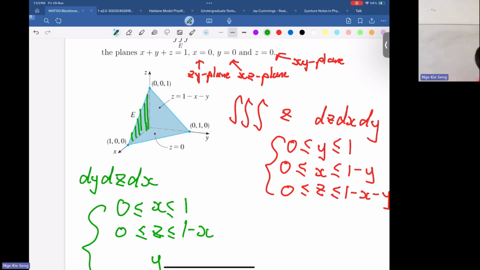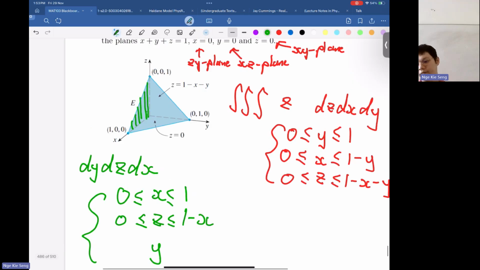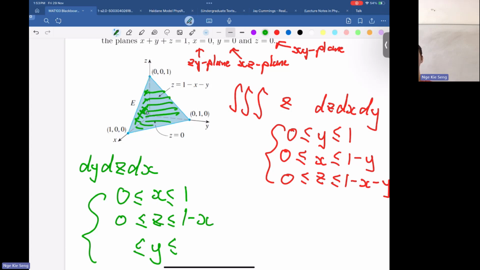All right. So now you need to determine what your y is. y will depend on x and z. So where is x and z? It is this plane here. Given one xz point here, you need to tell me the interval for y. Who controls this?